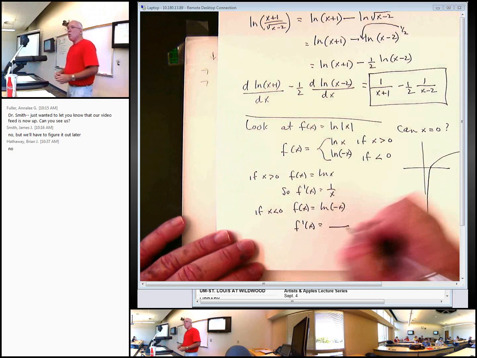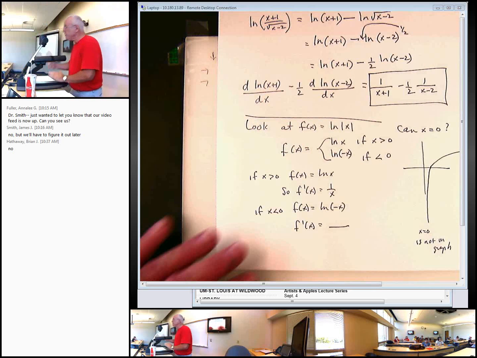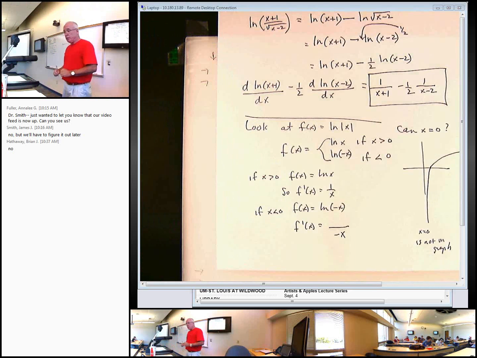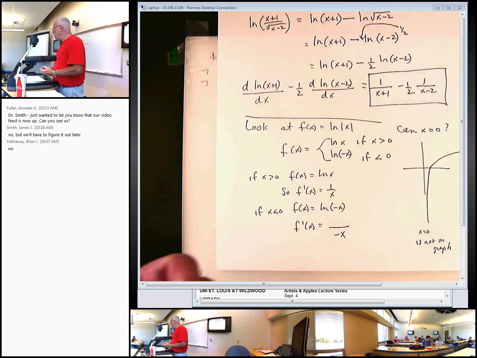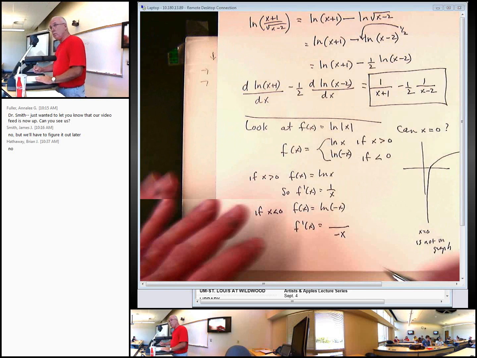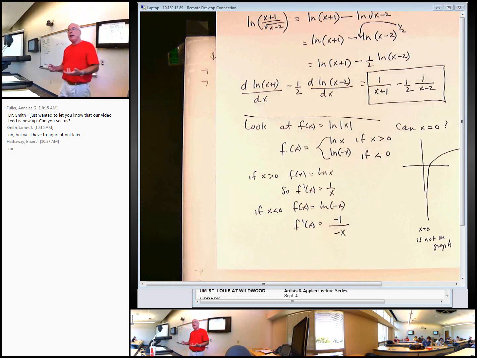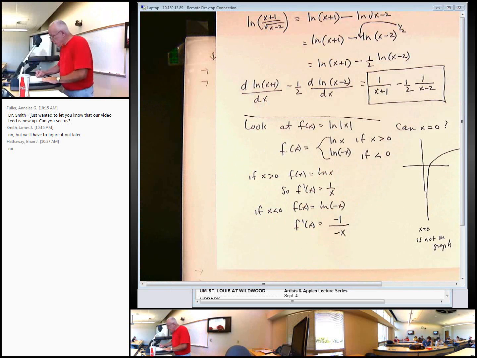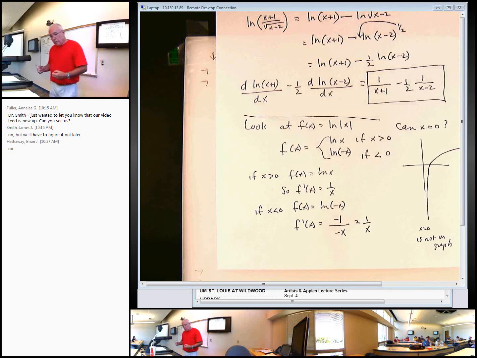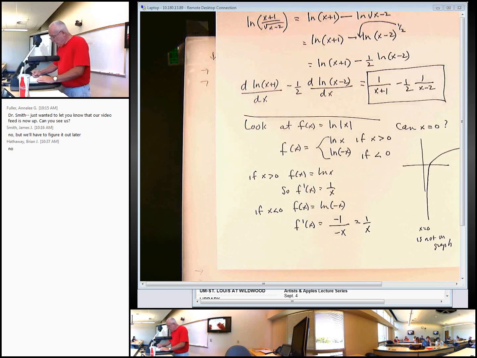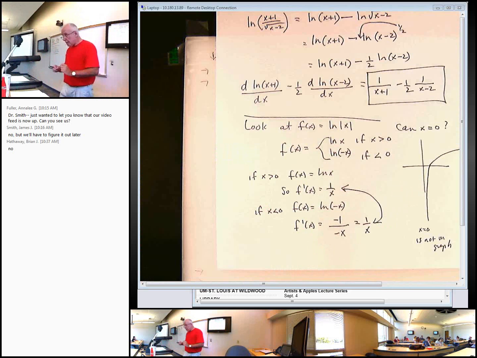In the denominator we put the inside function, which is negative x. And in the numerator, what's the derivative of negative x? Negative 1, right? So we get negative 1 divided by negative x. Well, I can cancel out those minus signs, and I get 1 over x. So in both of these cases, my derivative is the same thing, 1 over x.